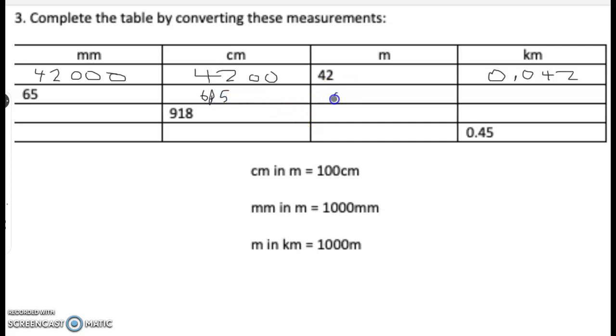In meters, it becomes 0.065. And for kilometers, I might be wrong. I was going to leave this one, but we'll just have a try anyway.